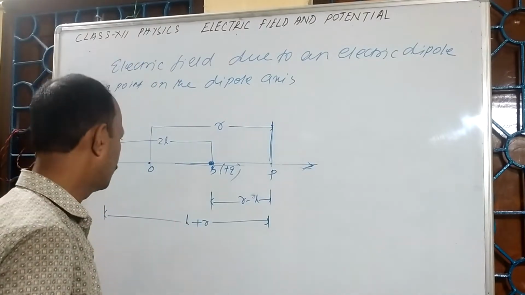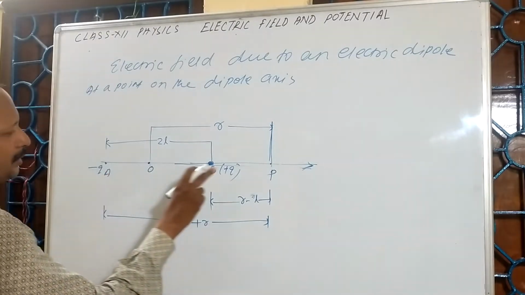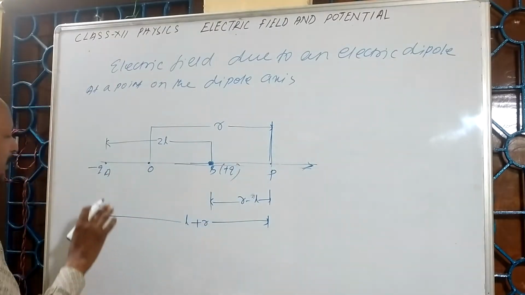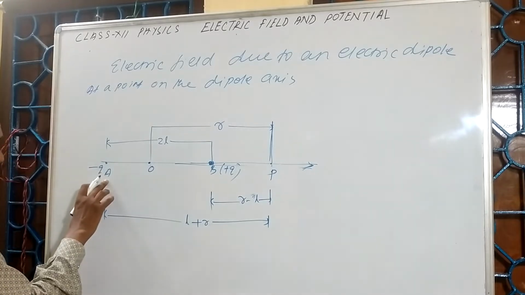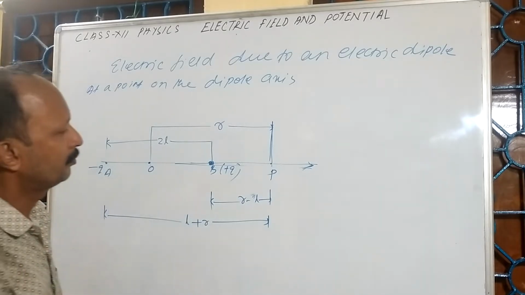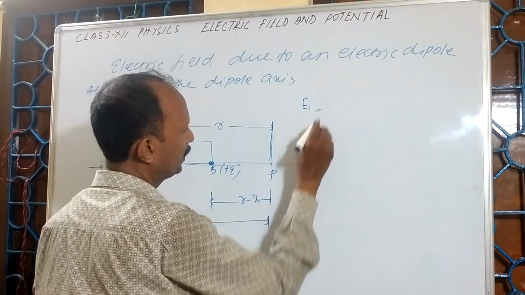Now let us see. Suppose the electric field at the point P due to the minus Q charge at the point A is E1.